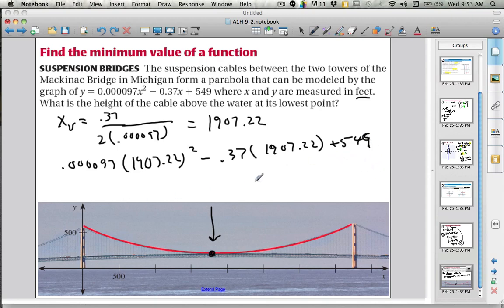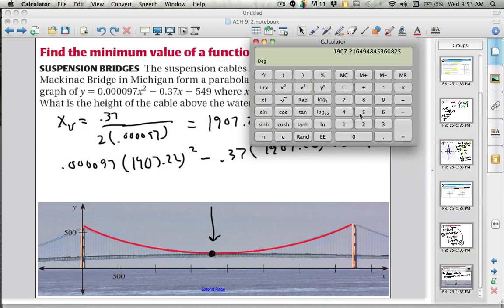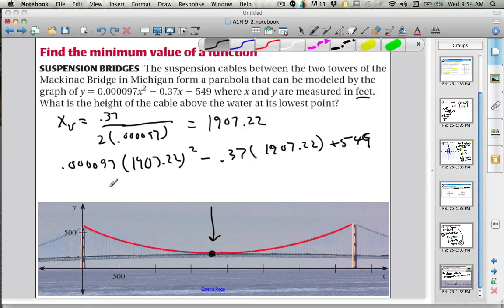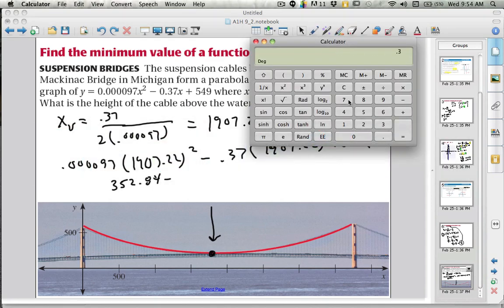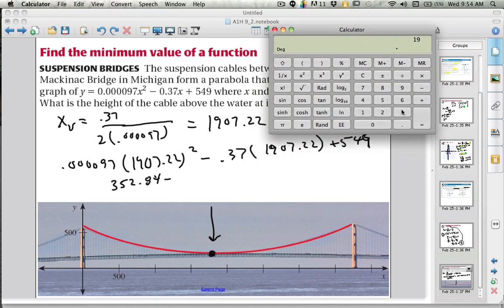Okay, so if I go back to my calculator, I can take this value and I can square it, and then I can multiply it times 0.12347 equals, and I get this number, 352.84. 352.84 minus, let's go back to my calculator, 0.37 times 1907.22 equals 705.67.